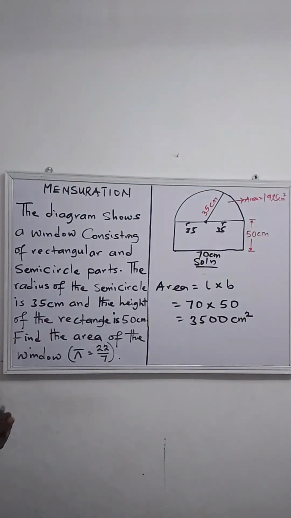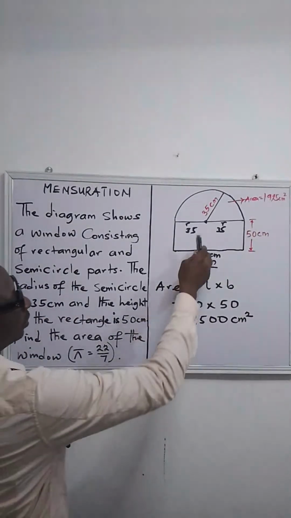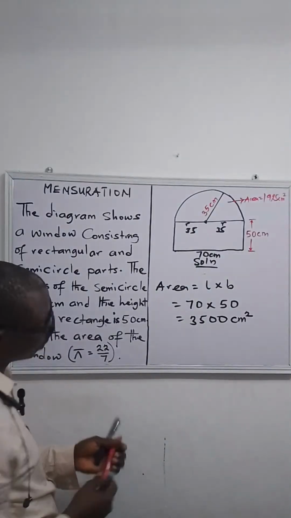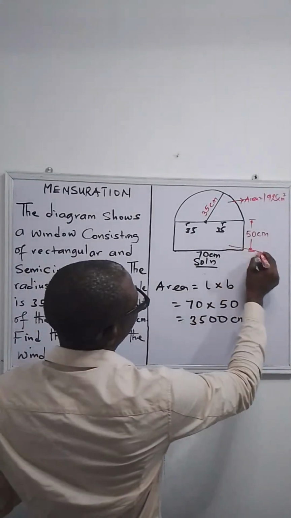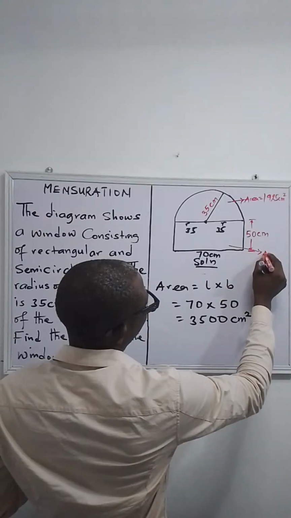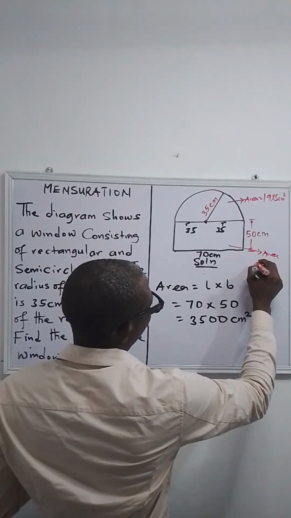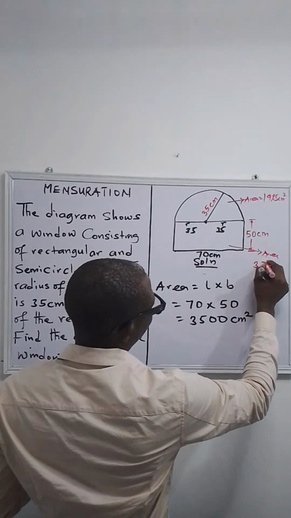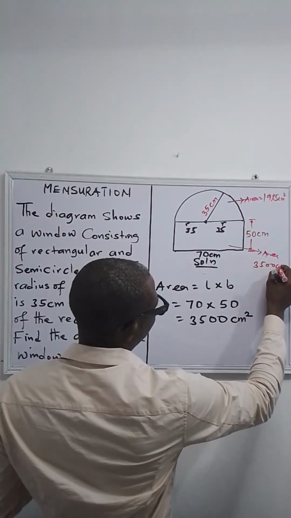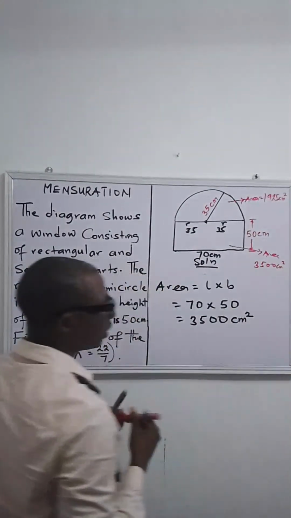So this is the area of the rectangle. The area of the rectangle is 3,500 centimeter square.